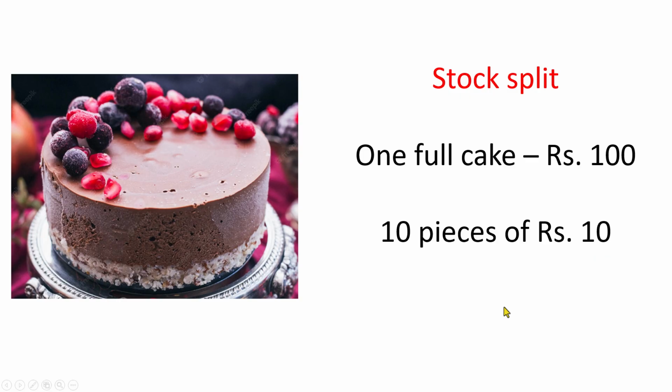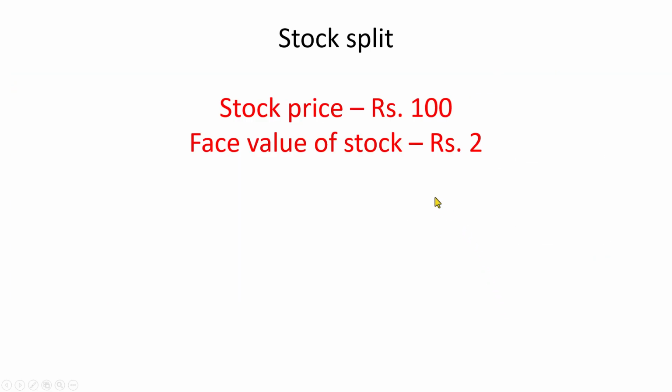Now let us go to the stock example itself. Let us consider the company which produces oil mill. Let us say that the stock price is 100 rupees. Meaning, if you want to buy one stock of the company, you will have to pay 100 rupees.